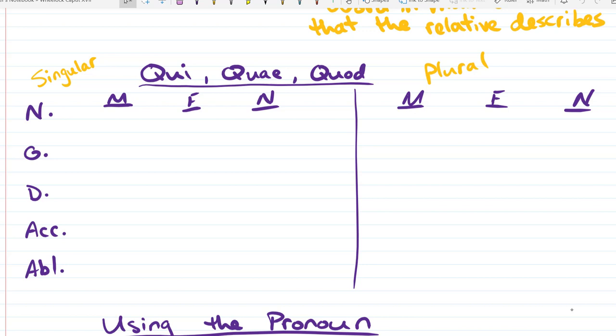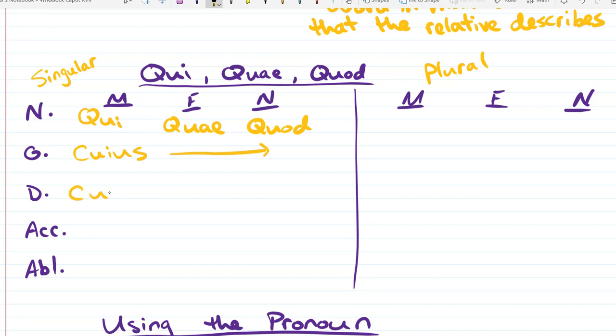Again, we're going to have nominative, genitive, dative, accusative, ablative. It's a pronoun, which means it has these cases, and it functions like an adjective. That's why we need all the genders, singular and plural as well. Here are the forms. Nominative singular is qui, quae, quod. The genitive form is cuius, which is the same for all three.